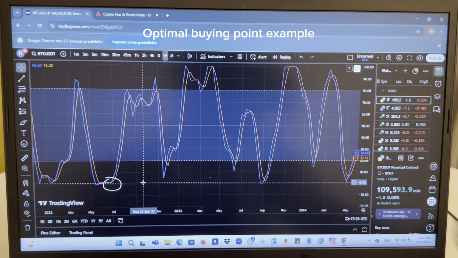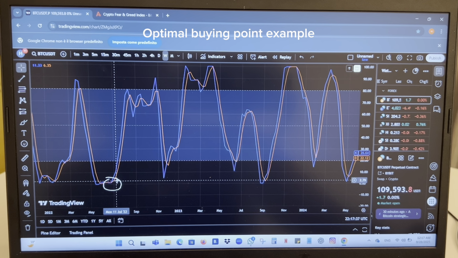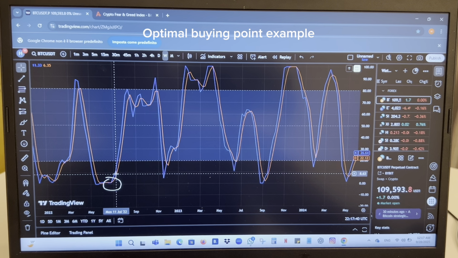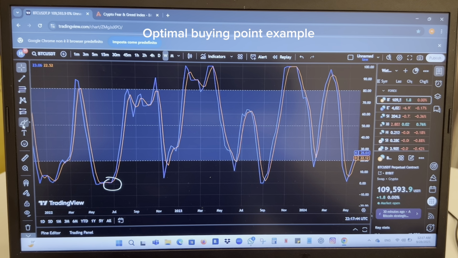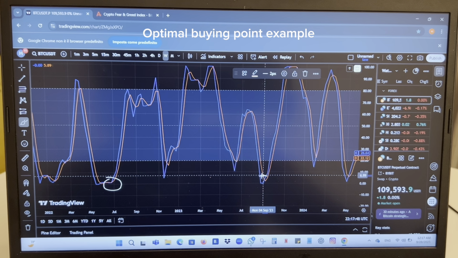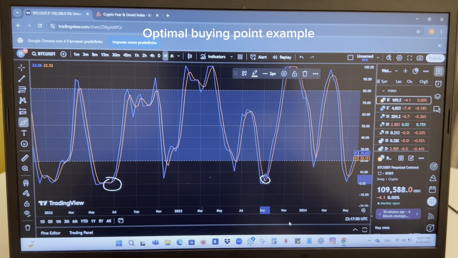And just like before, I told you guys an optimal buying point is when the blue line goes on top and the orange line goes down. So there you go, the blue line is on top and the orange line is down. And then this is a good optimal buying point.